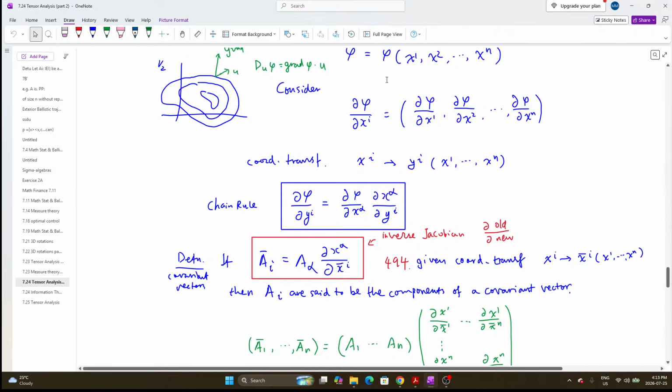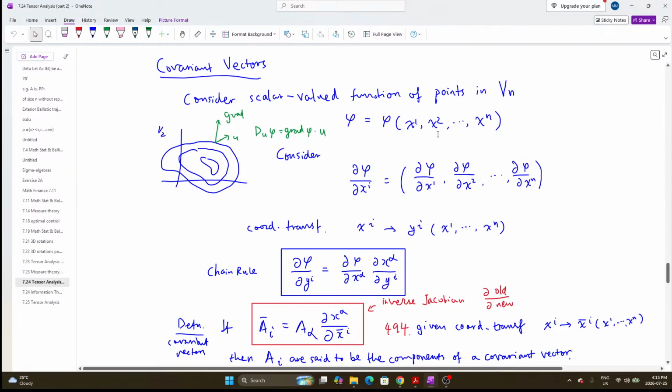In a space curve scenario, you output n numbers and eat one number. Here in the scalar field, you eat n numbers and return one number. So the contravariant index corresponds to the output, whereas the covariant index corresponds to the input.